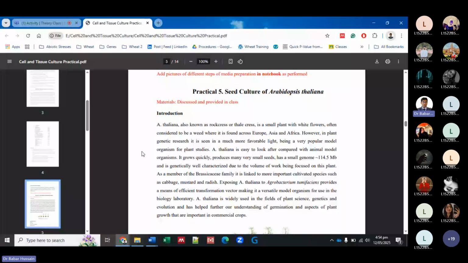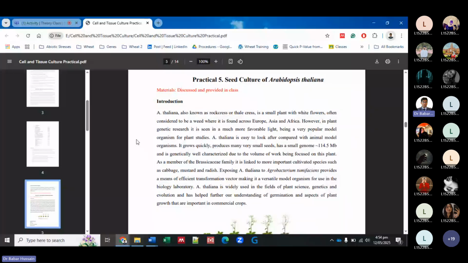So, in summary, number one, this plant is very small in size and it is easy to handle. Number two, this plant grows very quickly and produces thousands of seeds from a single plant that can be used for further genetic studies. Number three, its genome size is 114 million bases, which is very small as compared to, for example, wheat, which is 150 times bigger than this.